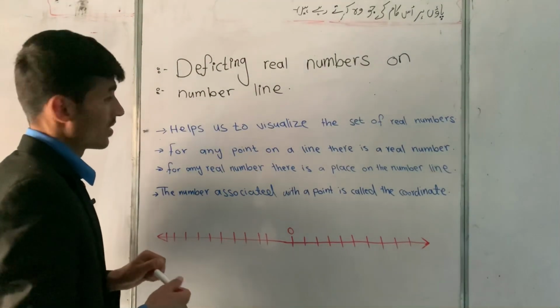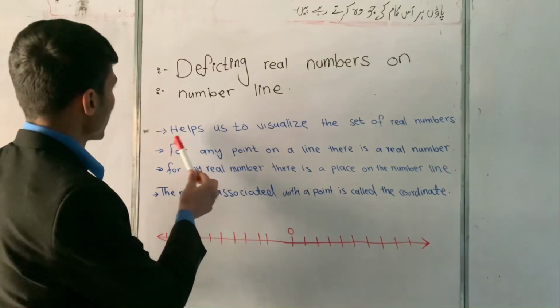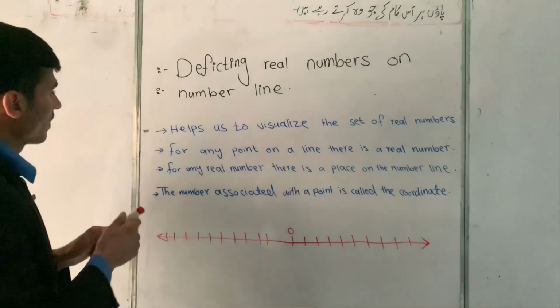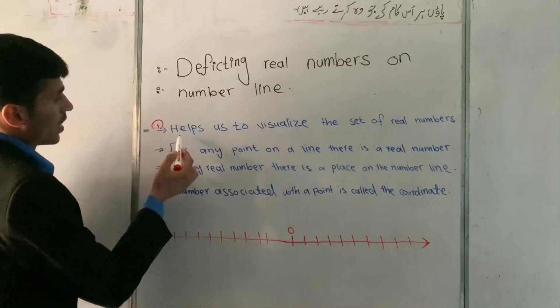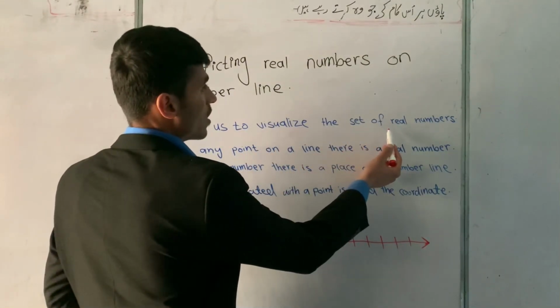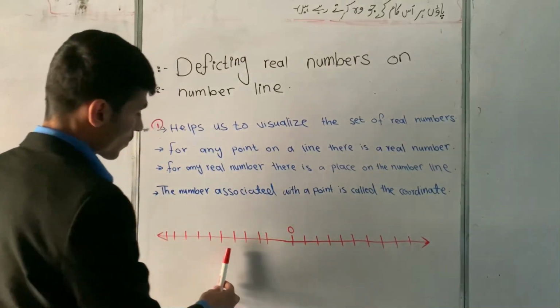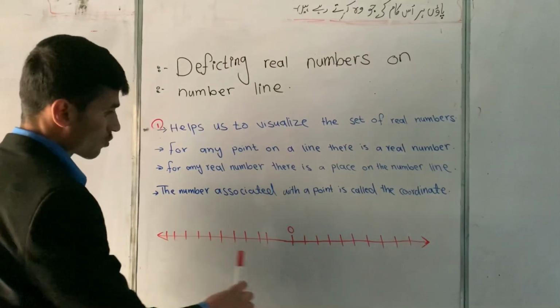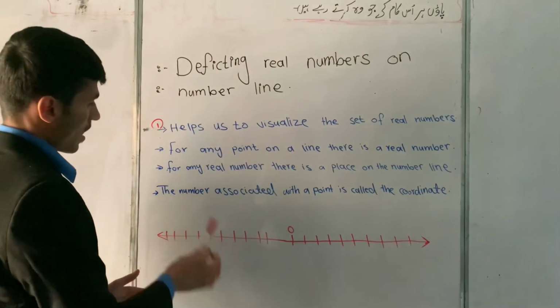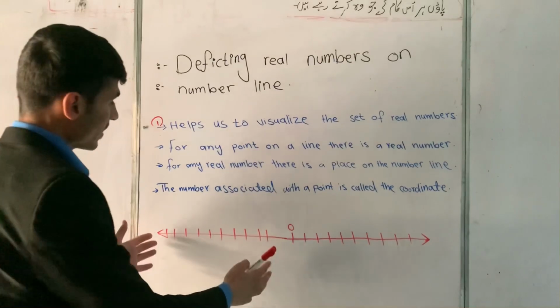But just here I've written some steps with a blue marker. You could just look at them. The first one helps us to visualize the set of real numbers. So this is about the number line, which I've drawn here at the bottom with a red marker, just to help you understand it completely.